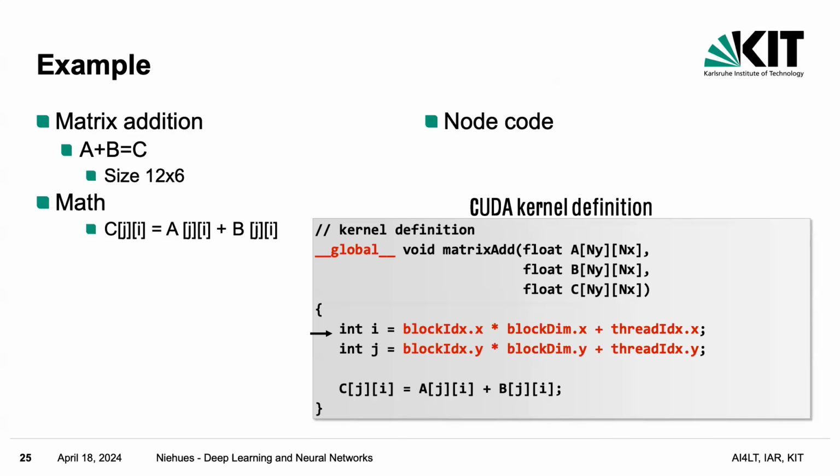Then you have to calculate which element you want to add in this thread based on your block index and your thread index. And then you're just doing the addition, and that's it. So 3 calculations here, and that can be done for all your elements in the matrix in parallel. That is what people call these types of kernels, which are run on the GPU, and where you have a lot of them all performing things in parallel.